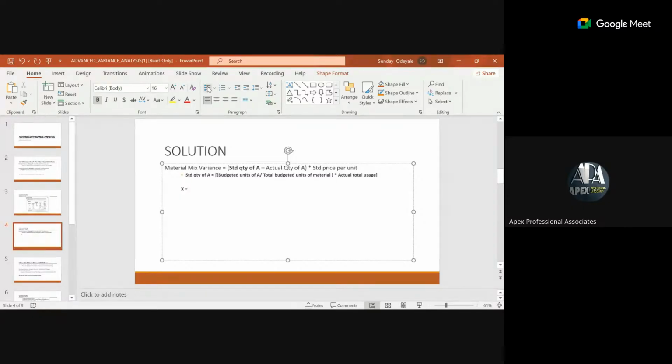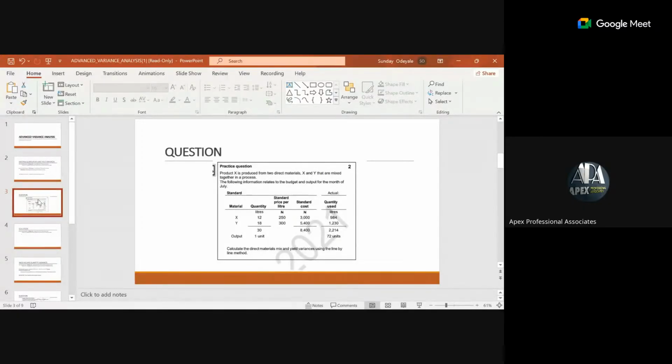For X, I was saying, anytime you see a mix or yield variance, a mix in particular, what you need to first compute is your standard quantity. Your budget says you are supposed to use 30 liters in total for the material.